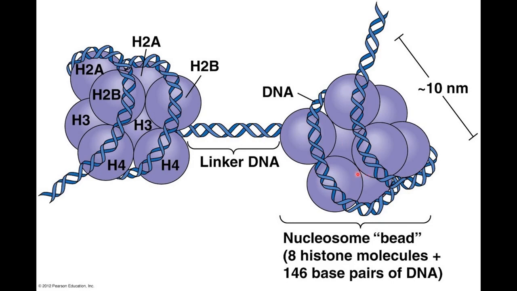One complete nucleosome structure can hold nearly 200 base pairs of DNA. Here you can see 146 base pairs of DNA are present around the core histone molecule, and 20 to 80 base pairs are present in the linker DNA.